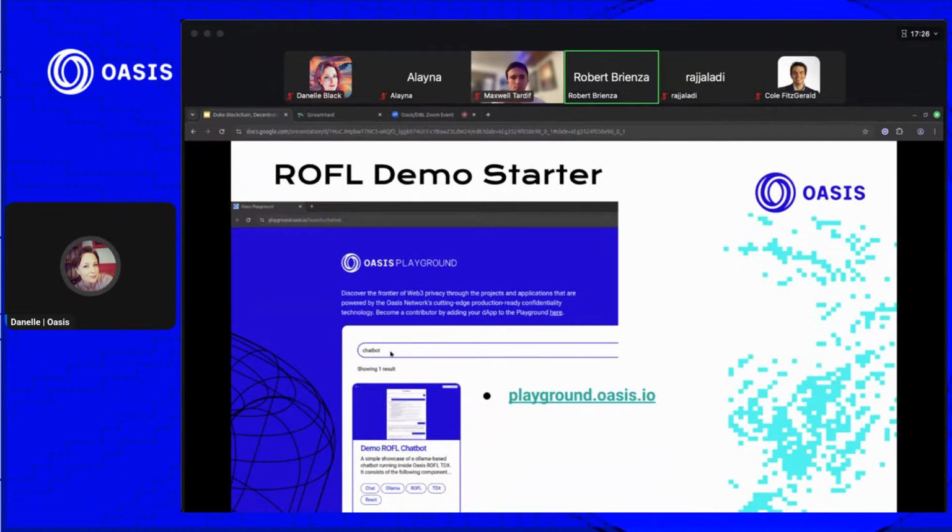If you just search chatbot, it'll come up, and you can check out all the code in the GitHub and everything. And there's information in the GitHub about exactly how everything is done in terms of securely processing data and things like that. But what it does is it basically anchors a query on chain, on Sapphire. It keeps it confidential, and then this chatbot can fetch that data, run some encrypted results, and then give you the result back.